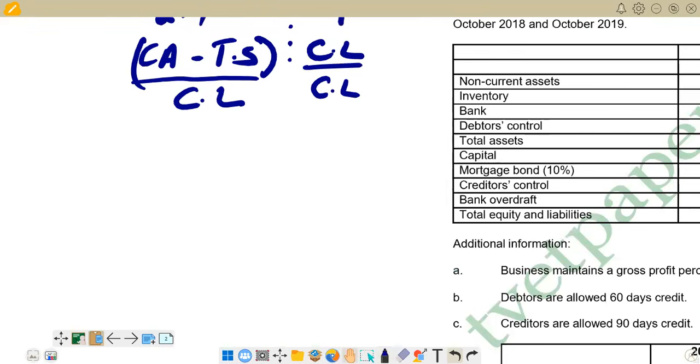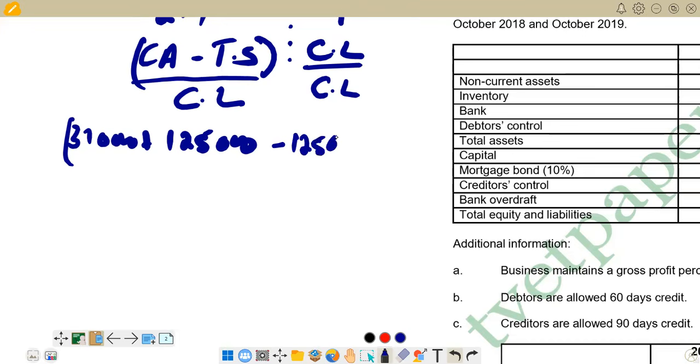There we are saying 310,000 plus 125,000. And then from the answer that we are going to get there, you also subtract for trading stock. So this is what we have on the part of the current assets minus trading stock.